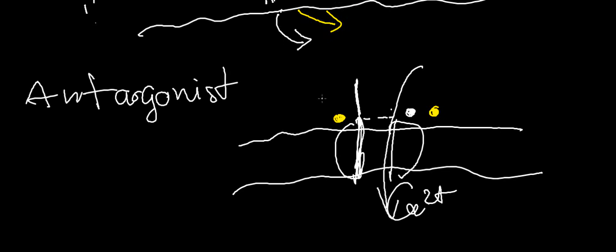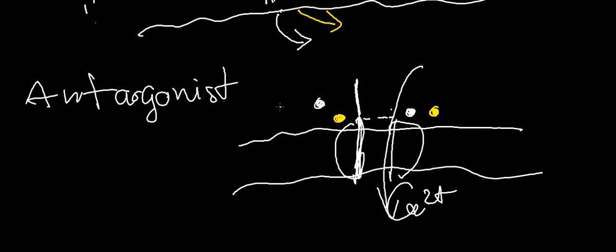If your agonist comes here, it cannot bind because the antagonist has already blocked its way, so it cannot cause the activity. Remember that. Please bear in mind that the antagonist does not cause the opposite effects to an agonist. They basically block the activities of an agonist.